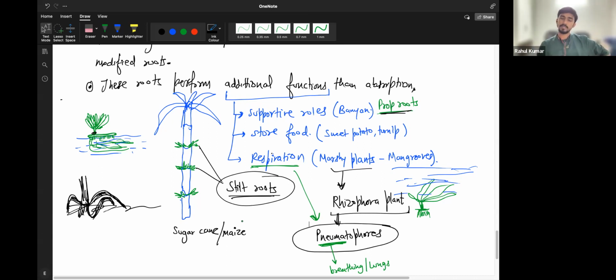These roots come out of the ground like this.